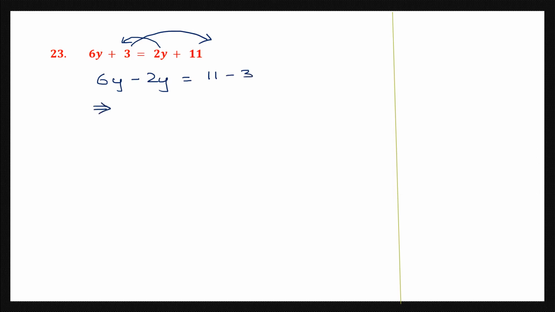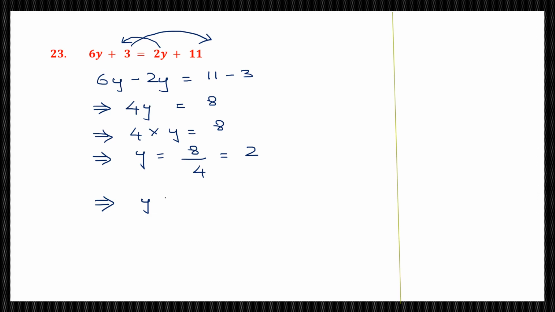Now 6y minus 2y, 6 minus 2 is 4y, equals 11 minus 3 is 8. 4y means 4 into y, which is 8. That means y will be 8 divided by 4. I'm transposing it to the other side. Now 4 2s are 8. So we have solved for y. y is equal to 2.